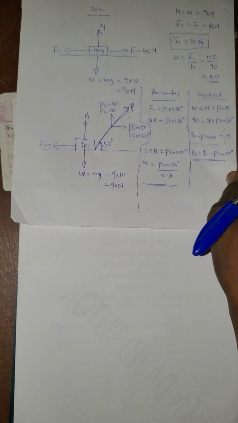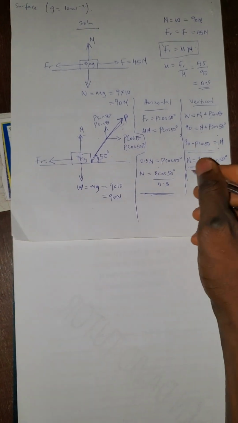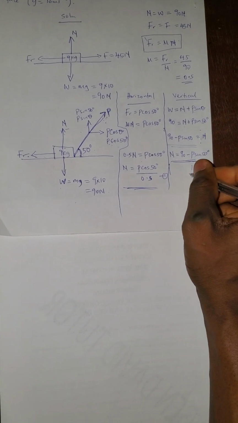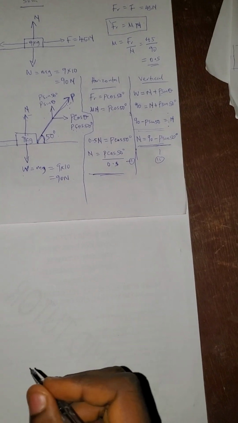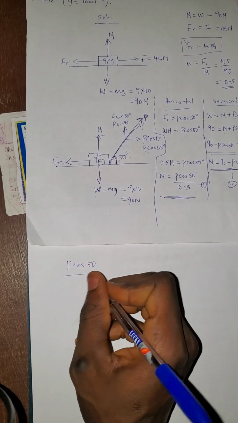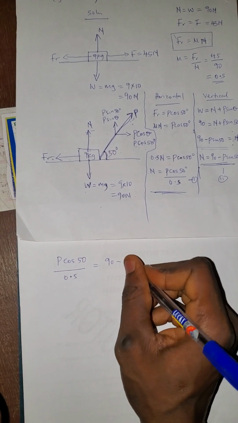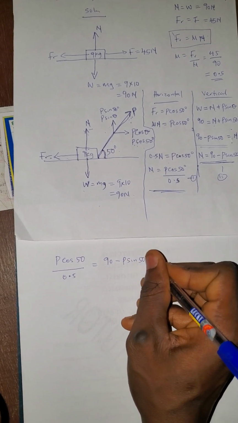Now when we proceed with the solution, let's equate. If this one is equation 1 and this one is equation 2, let's equate equation 1 to equation 2. So we have P cos 50 over 0.5 equal to 90 minus P sin 50.